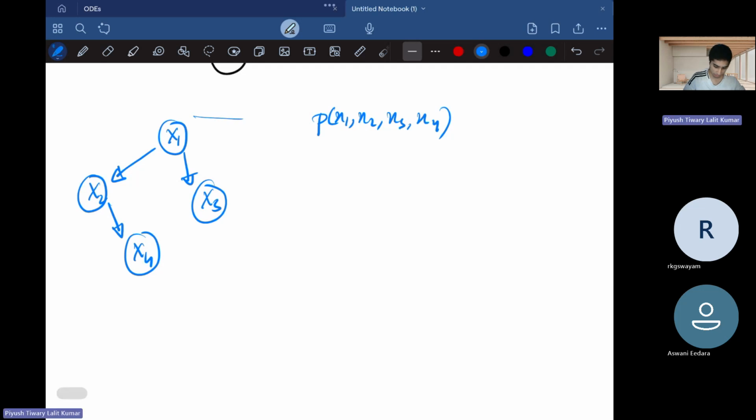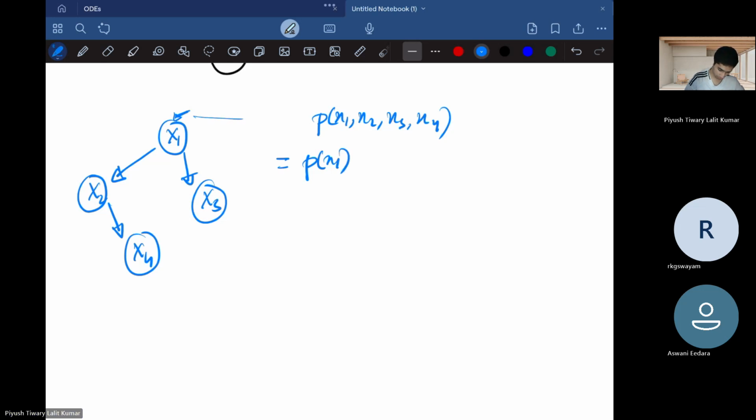Now, using this graphical structure, what can we write? The simplest way to start is with the most parent node, which is x1, because there is no incoming node to x1. You start with P of x1, right? Then x1 influences x3 and x2.